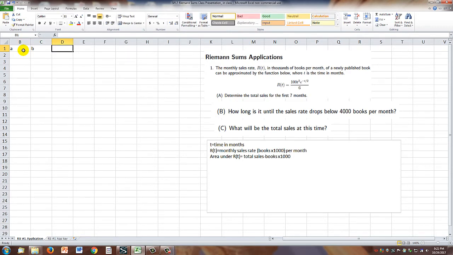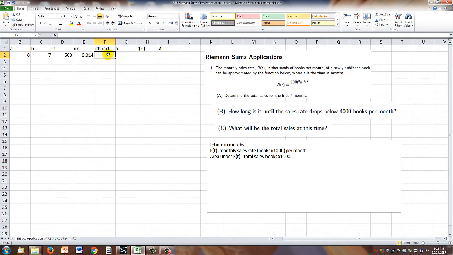So the template is A, B, N, dx, ith rectangle, xi and f of xi, and then area. A, the first 7 months, means that you're going to start at 0 months and you're going to end at 7 months. We want to get a really good estimate, so let's do 500 rectangles. Dx is the formula equals parentheses b minus a divided by n.